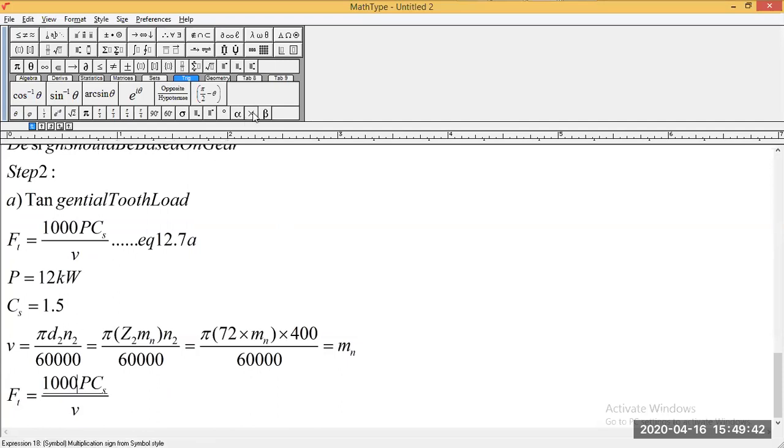This will be the first part of our step 2. So this is 1000 into 12, which is P, into 1.5, that is CS. Velocity, anyone? There is pi times 72 into 400 divided by 60,000.